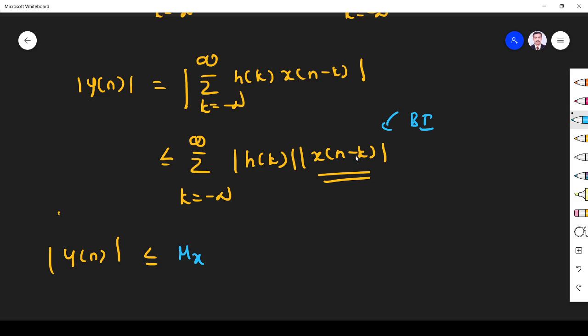I apply bounded input and I assume bounded output. Then this equation is possible: summation from minus infinity to plus infinity of mod h of k. This is bounded input, this is bounded output. That means this is finite. I want this to be finite.